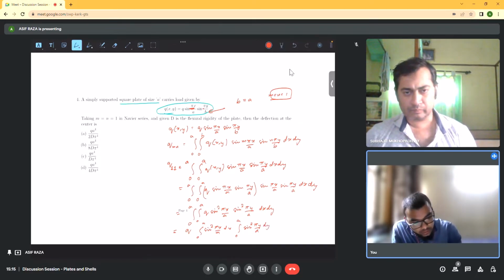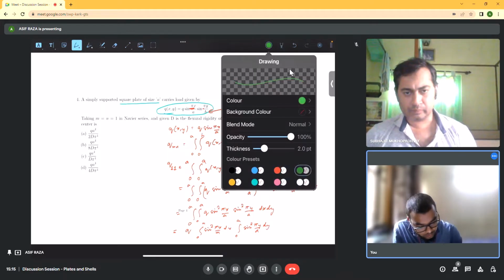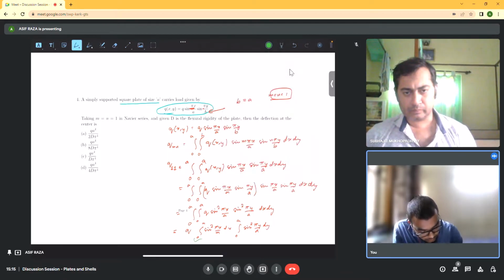So this integration value would be equal to a by 2. Similarly, this will give me a by 2. So this will give me q a square by 4. So we have Q11 is equal to q a square on 4.